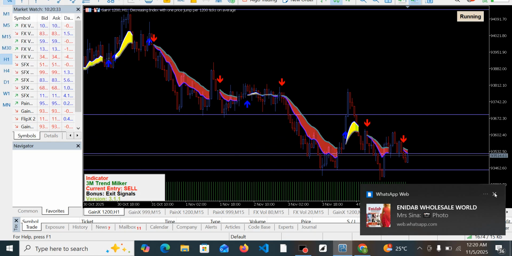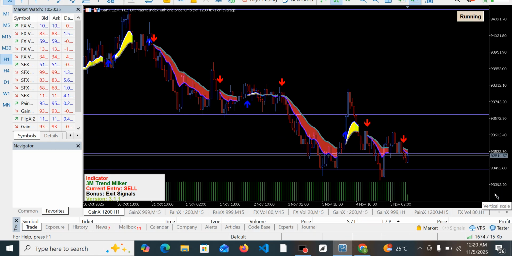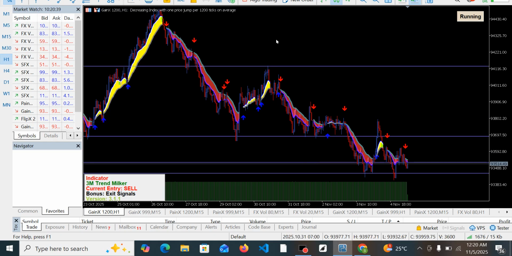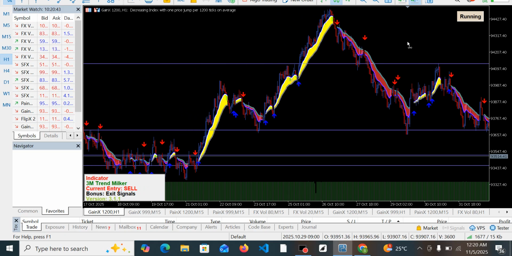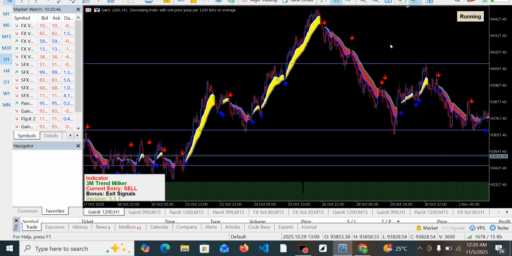So right now this is Ganex 1200 on 1 hour time frame. Let me show you this, guys. This is one beautiful thing you're going to love about this strategy. I'm going to show you the uptrend and the downtrend together on 1 hour time frame so that you will have a better understanding of how it works.